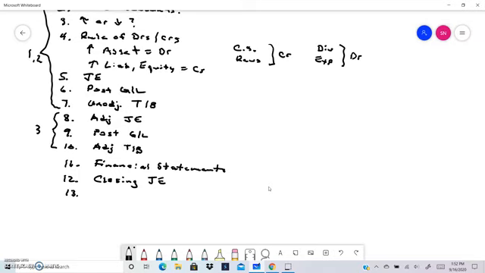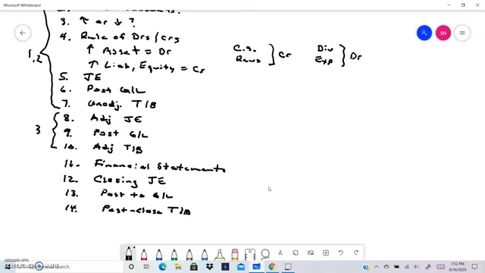Again, if we don't post those to the general ledger, they don't do any good. They have to update the accounts. So we post to the general ledger. And finally, wow, 14 steps. Finally, we prepare what's called a post-closing trial balance, because anytime we post anything into our general ledger, we want to make sure it's in balance.